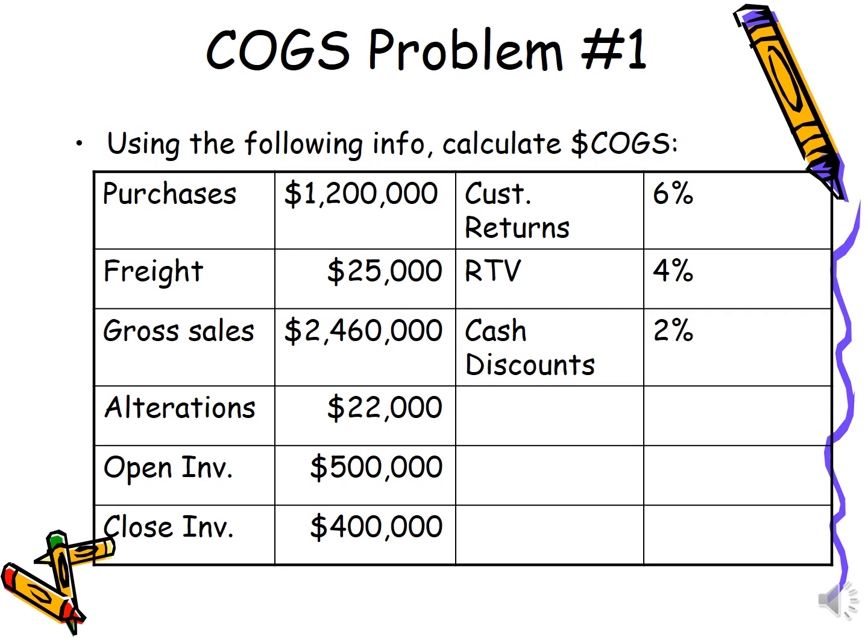Next, cash discount is given as a percentage again, 2%. Again, this would be 2% of purchases. So to calculate cash discount in dollars, you're going to have to multiply 2% by the purchases dollar.